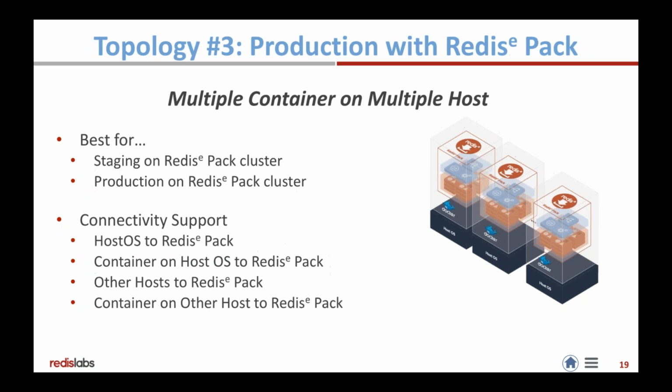And finally, topology 3 is what you would see in production, where there are multiple nodes that host Redis Enterprise Pack containers, and they're distributed in a way that makes it so that we are not placing multiple containers on a single host.